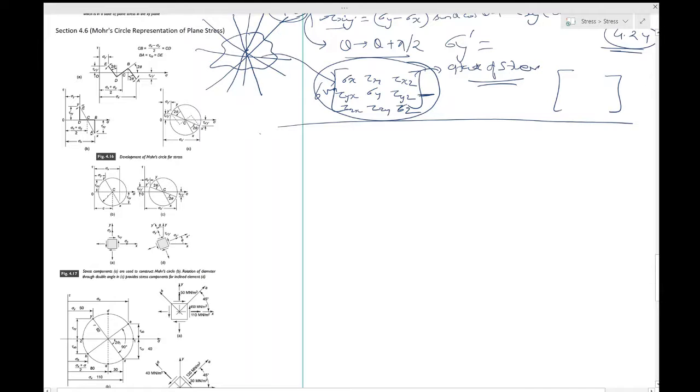From the previous derivation, I'll just write out the equations, which is sigma x dash is equal to sigma x, and so on. You can write it like this, 4.23 and 4.24.